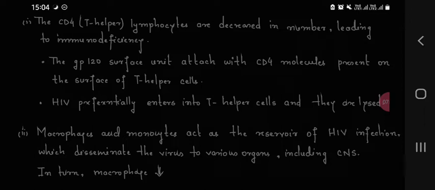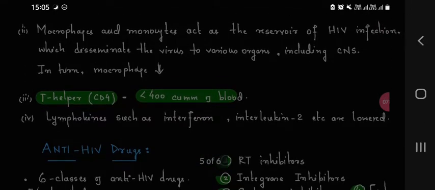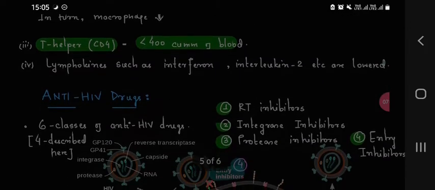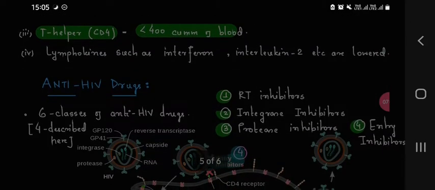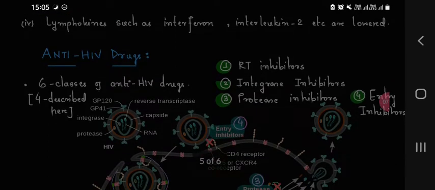Macrophages and monocytes act as the reservoir of HIV infection, which disseminate the virus to various organs including CNS. In turn, macrophages decrease. T helper CD4 smaller than 400 per cubic millimeter of blood. Lymphokines such as interferon, interleukin 2, etc.